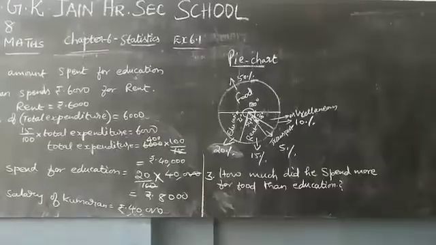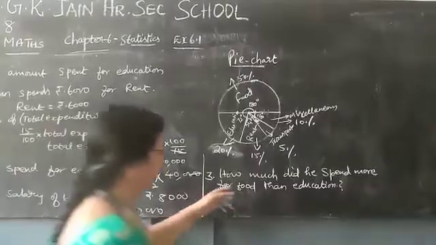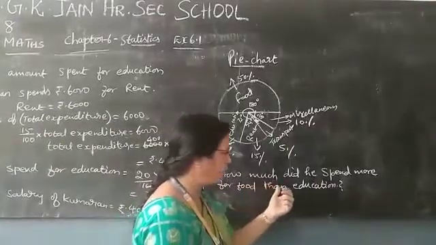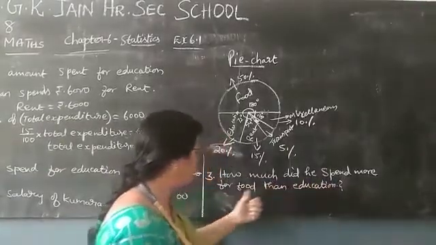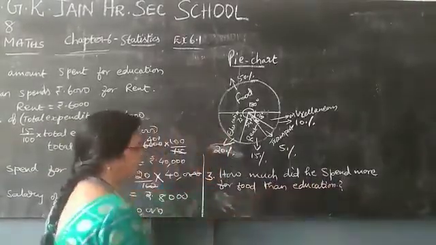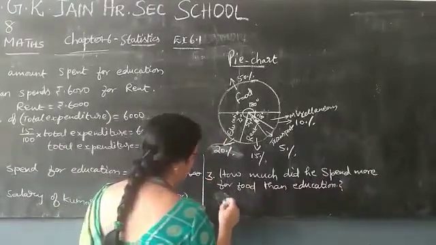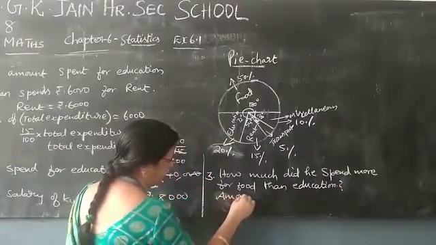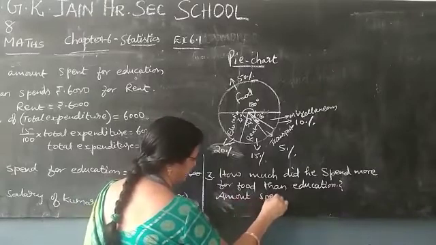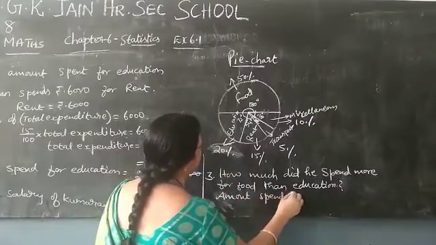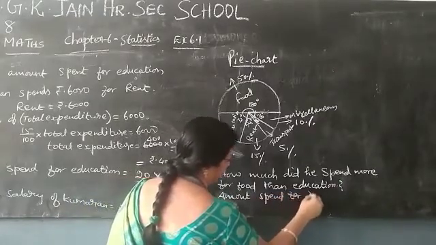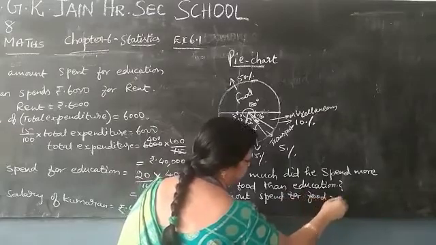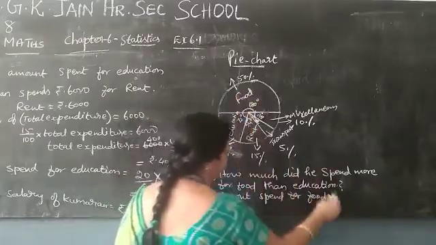Okay, students, now we are going to see about the third question. How much did he spend more for food than education? Okay, now amount spent for food, you are going to find out first. Okay, how much is given there? 50%.